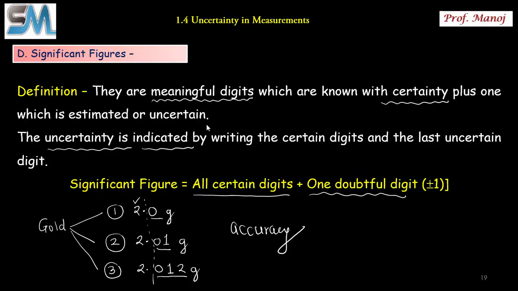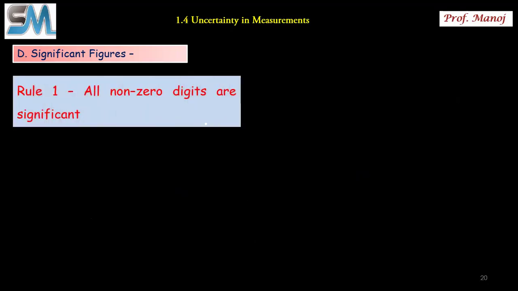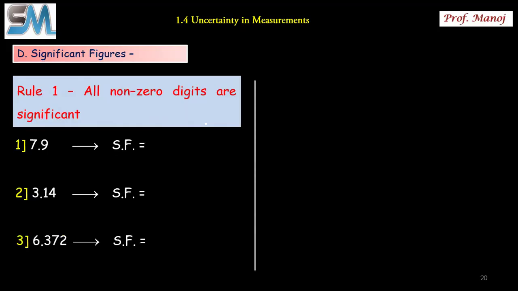So now if you want to really find about the significant figures, this is not the way to do. In fact, we will have a set of rules to understand. Depending on what kind of numbers are given to you, different rules are used. So let us say we are having this kind of set of examples given. So rule says all non-zero digits are significant. So let us calculate.